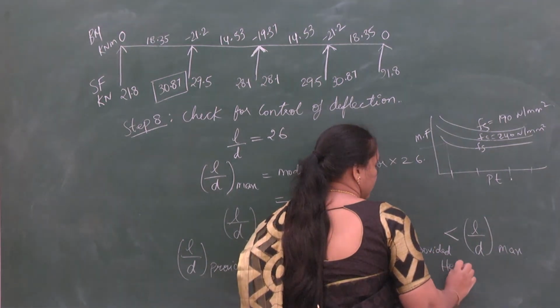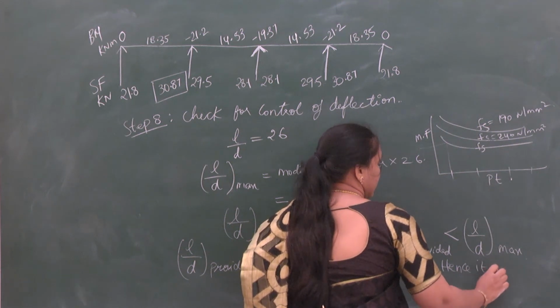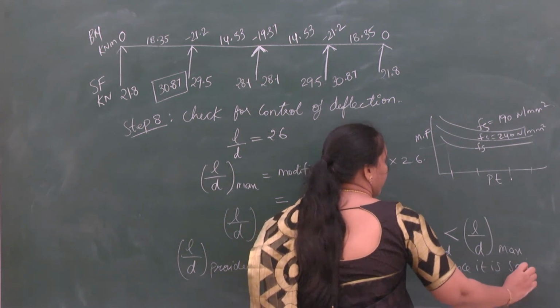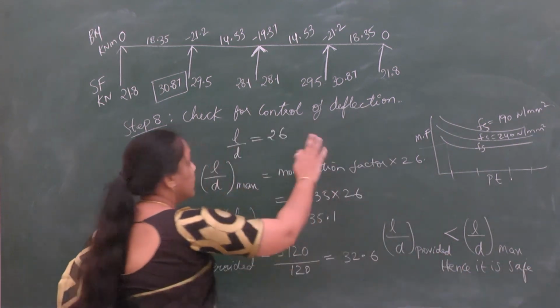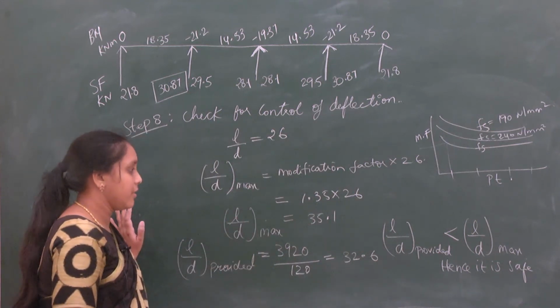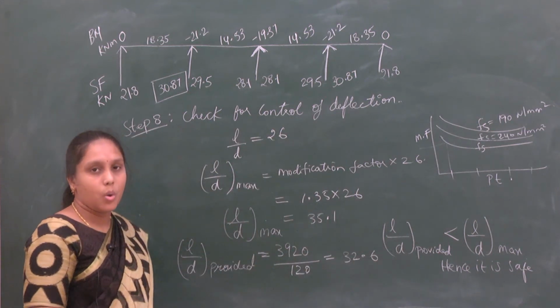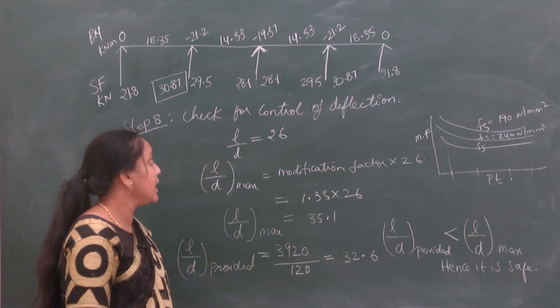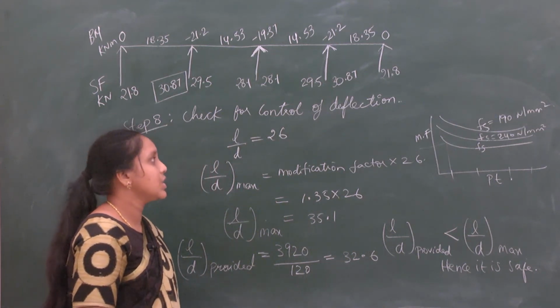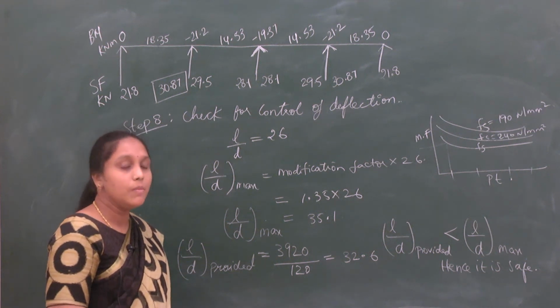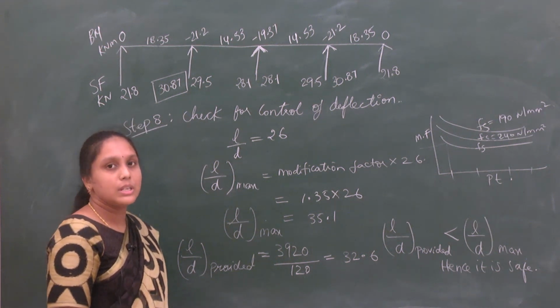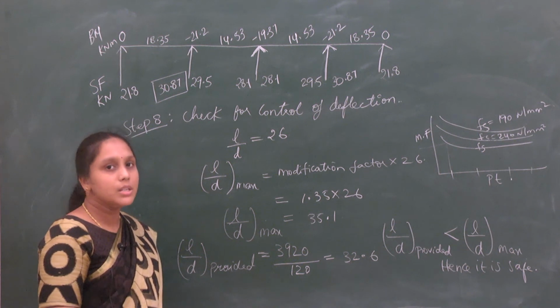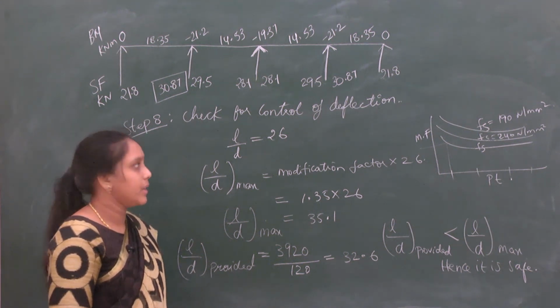Hence, it is safe in deflection, in control of deflection. Hence, it is okay. So now the check for shear is done, as well as the check for control of deflection is also satisfied. So the design of the beam is satisfied.